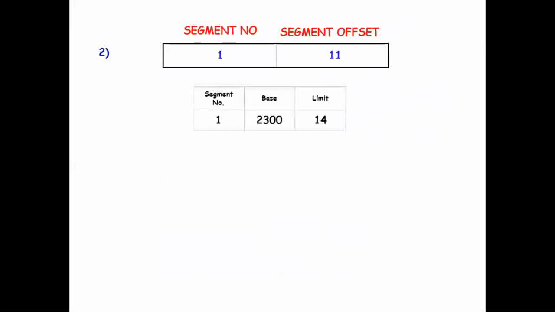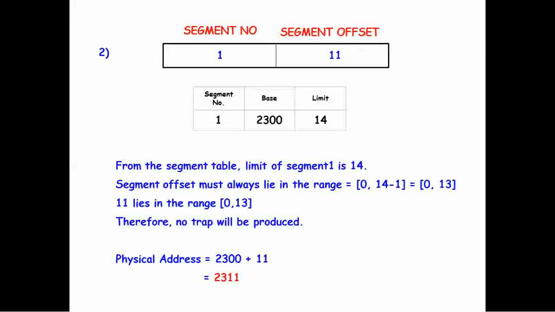Here for problem 2, the segment number is taken as 1 and the segment offset is taken as 11. So this is the segment table entry for the given virtual address. From the segment table, the limit of segment 1 is 14. We have to check for the condition. The segment offset must lie in the range 0 to limit minus 1. So limit is already given in the table as 14. 14 minus 1 is 13.